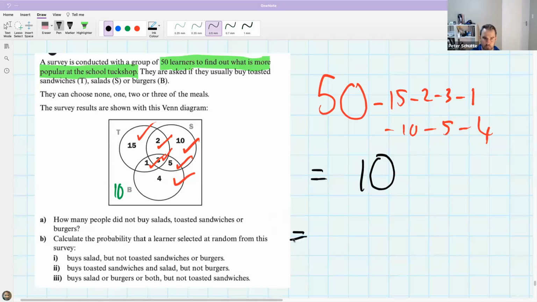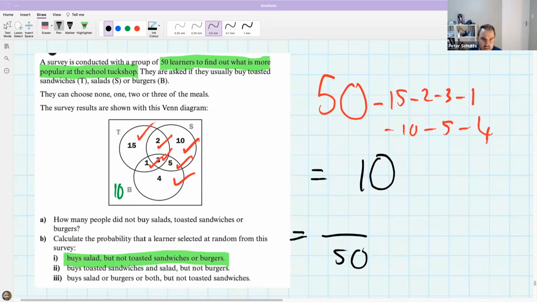What is the probability that a learner selected from this group buys salad, but not toasted sandwiches or burgers? We know that the possible outcomes are 50. What is the region that represents buying a salad, but not toasted sandwiches or burgers?